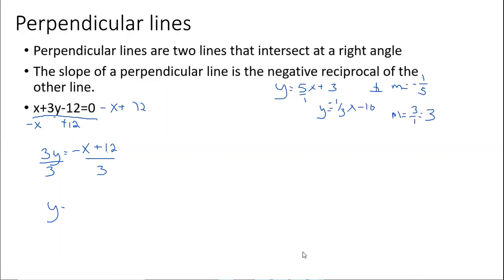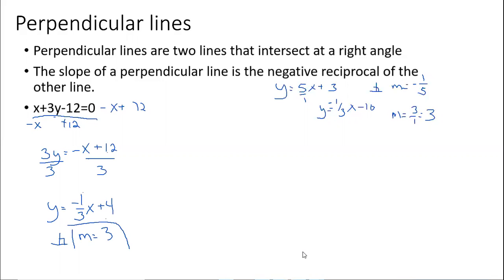We get y is equal to negative 1/3 x plus 4. So this is our line. The perpendicular slope would be m is equal to, we take the negative reciprocal of negative 1/3, so it becomes positive 3 over 1, which is 3. I didn't realize that was the same example there.